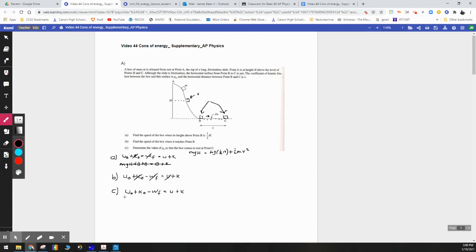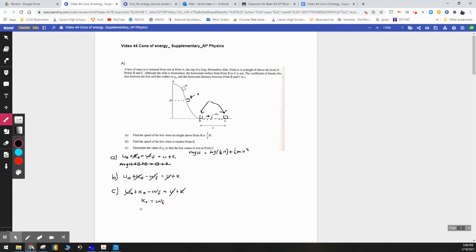The initial potential energy is 0. There is kinetic energy, based on what the speed was at B, and we want to find the work done by friction. The final potential energy is going to be 0, and the final kinetic energy is also going to be 0. So essentially the initial kinetic energy is going to equal the work done by friction.